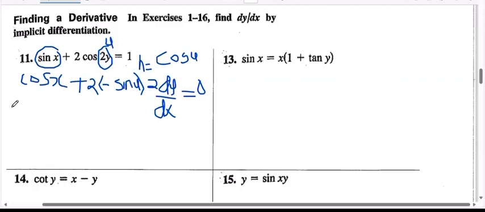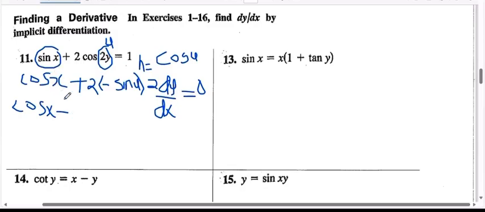So what I'm going to do right now, it's going to be cos x. I'm actually going to have cos x, plus minus, they're going to be negative 2. In fact, I can do 2 times 2 here, so I can get 4.